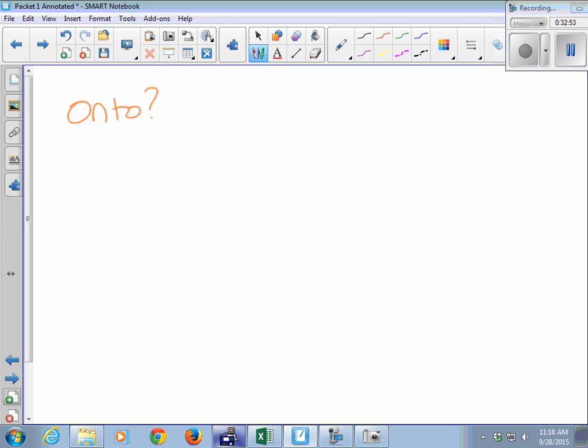So for onto, what is the codomain of this function? R3. Yeah, my outputs are all in R3. Okay. Can I produce every possible vector in R3? Why not?